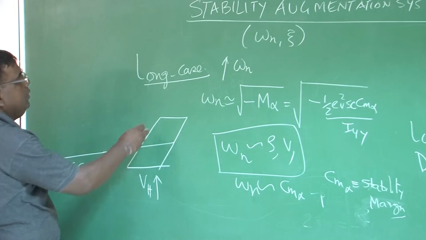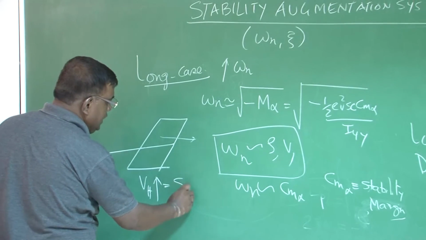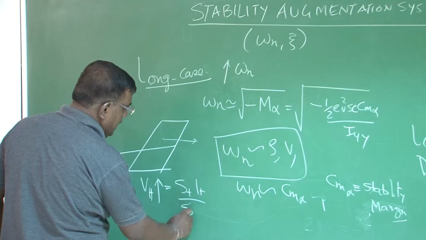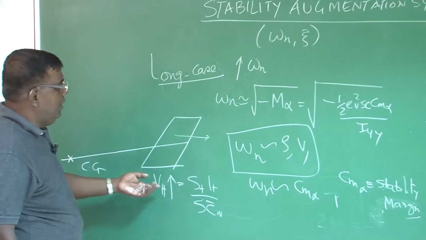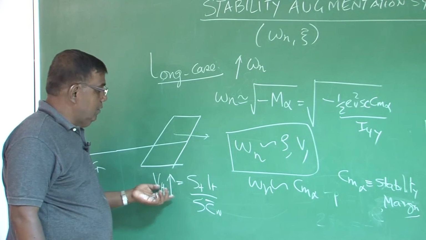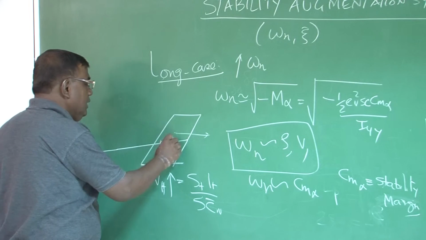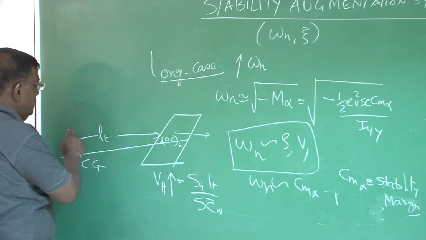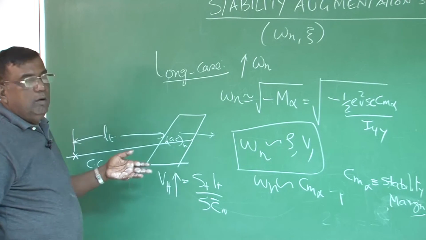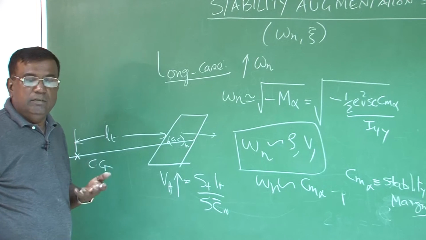That is, either you increase the size or move it backward, because VH is ST LT by S C bar of the wing. So if you want to increase Cm alpha, you have to increase the tail area or the length from the AC of the tail to the CG of the airplane. Once you have done it in the initial stage, you do not have the option to change it. That is not a very good design.